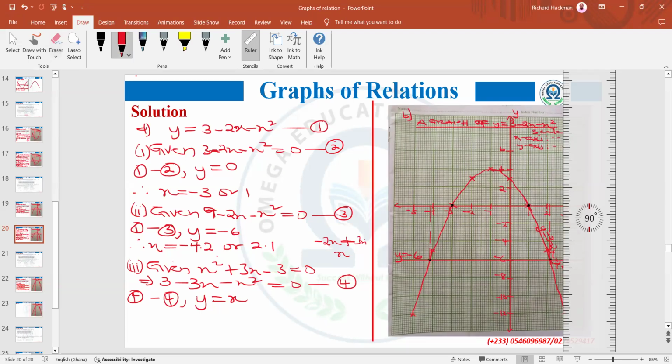So unlike the questions that we've solved so far, you remember after subtracting, you get y is equal to a constant. This gives us y is equal to 0, which is a constant. y is equal to -6, which is a constant. But this time around, you can see that we have y is equal to what? x. Is this a constant? No, it's a variable.